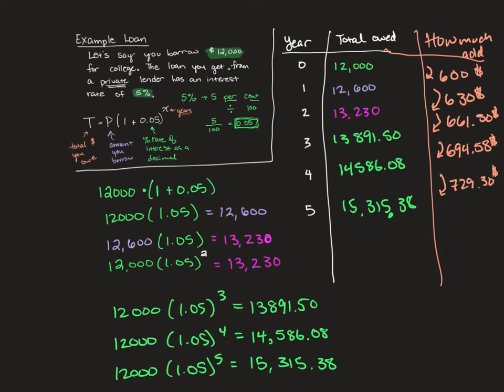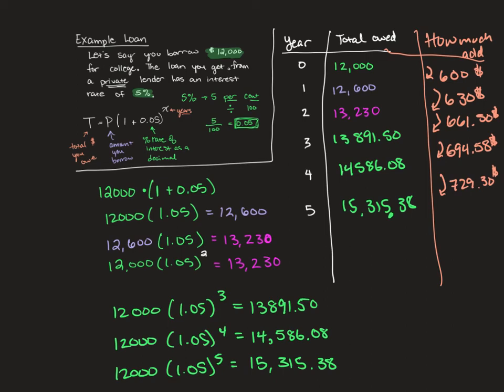From year 3 to year 4, we added $694. From year 4 to year 5, we added $729. So look at this. In just 4 or 5 years, you've gone from owing an additional $600 to owing an additional $729 every year. And that is how we end up with a situation like the lady with the tweet did, where she owed so much more money.